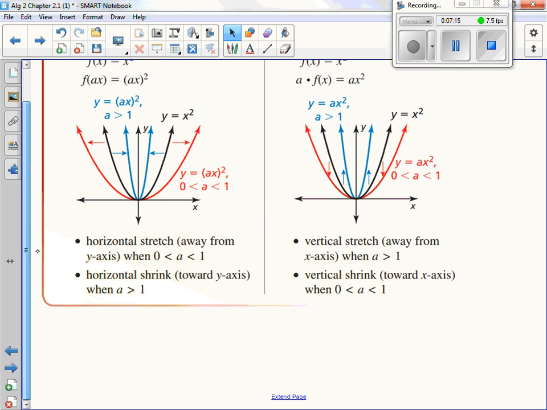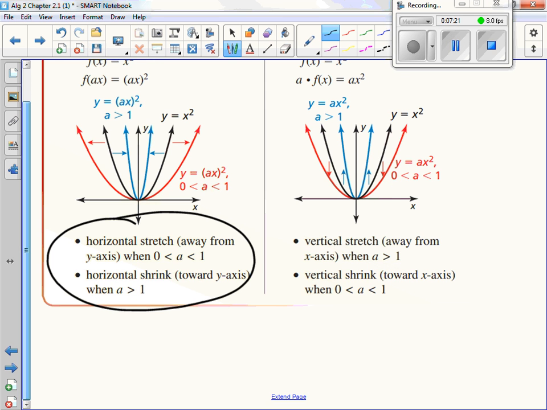Now, if for some reason they didn't get the negative test back to me today, I was going to emphasize this here. So horizontal stretch, yes? Because stretch, we normally think of what? It's a number greater than 1, yes? For horizontal stretch, it's what? It's where a is less than 1.